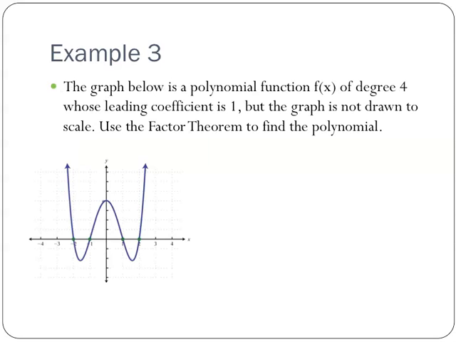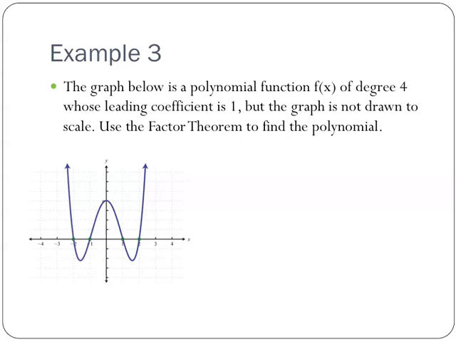Example 3. The graph below is a polynomial function f of x of degree 4 whose leading coefficient is 1, but the graph is not drawn to scale. Use the factor theorem to find the polynomial. Because you know where the zeros are, you can determine what the linear factors are.